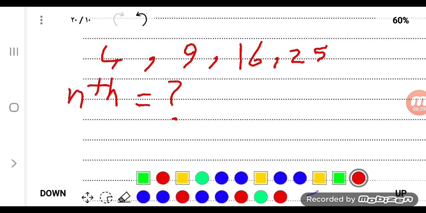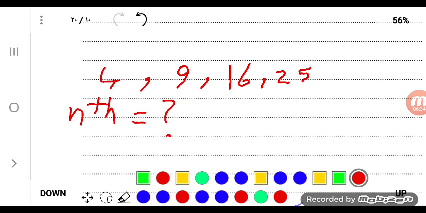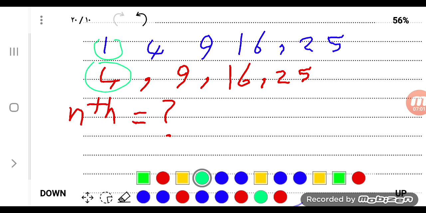Clearly this is very similar to the sequence that we spoke about just now: 1, 4, 9, 16, 25. You can easily note that these two are similar, but this one starts with 1 and this one starts with 4. So there is a difference in the first term.